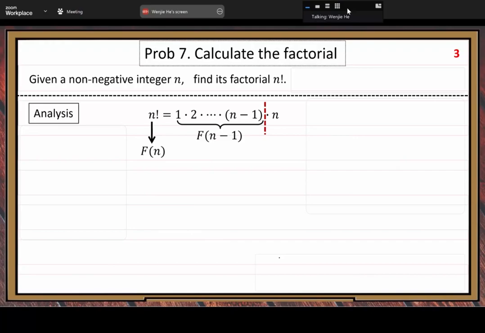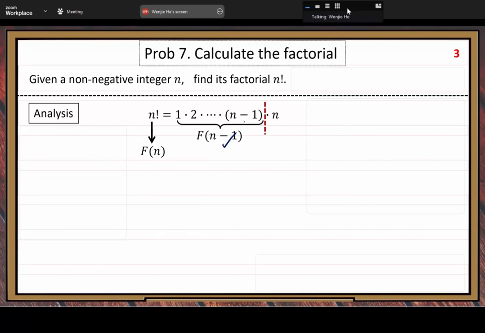Remember our step 2, assume a problem with smaller size is known. Here we can assume if the problem of this n-1 size is known, so we have this f of n-1 value available.